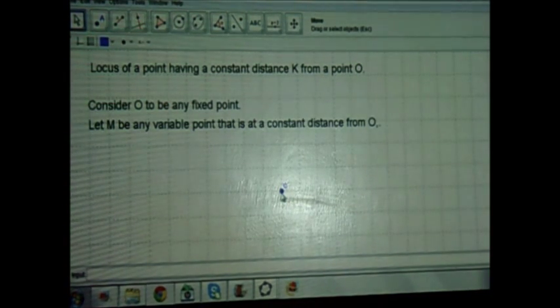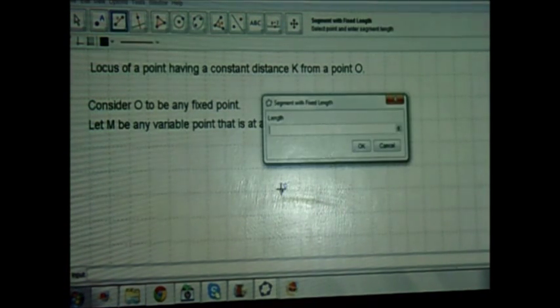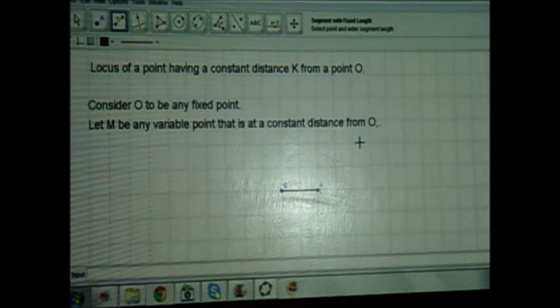Then we need a point M which is at a constant distance from this point O. We can use a segment with fixed length issued from O. Let's say the length is 4 cm in this case.